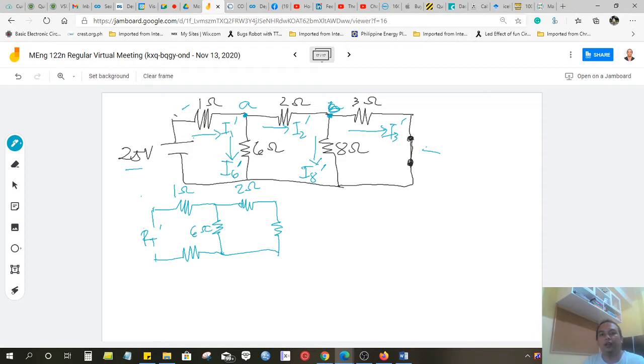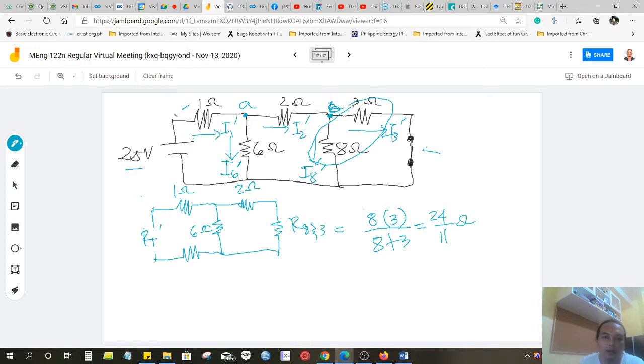Now, this is your R8 and R3. We will first combine these two, since they are in parallel. So we get 8 times 3 over 8 plus 3. So this is 24 over 11 ohm.